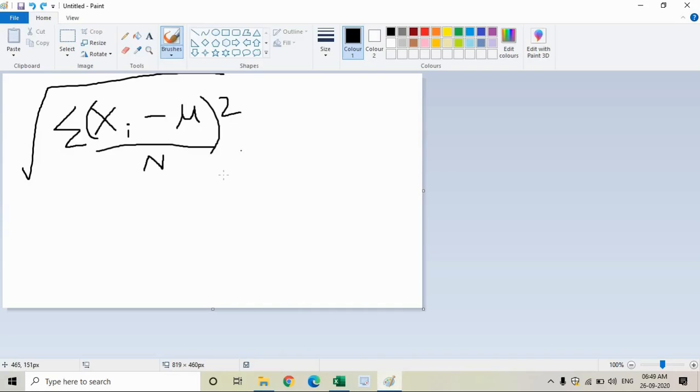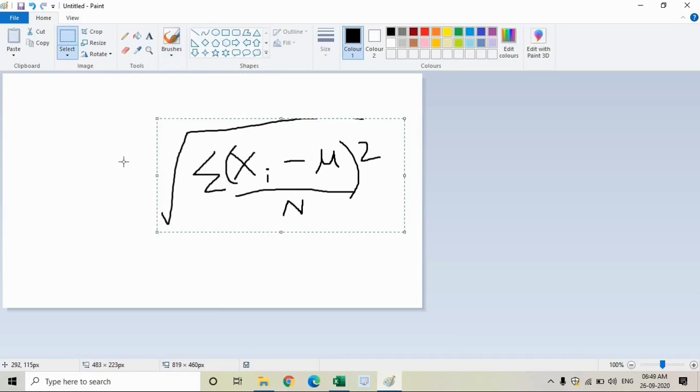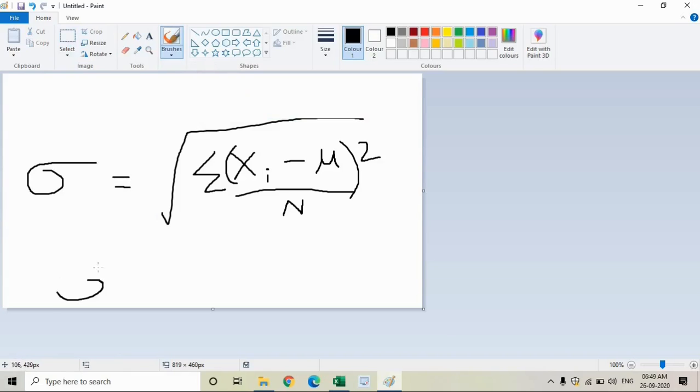Now we need to see the symbol to represent population standard deviation, and sigma is the symbol that we use to represent population standard deviation. And when it comes to variance, it is sigma square, and that's it.